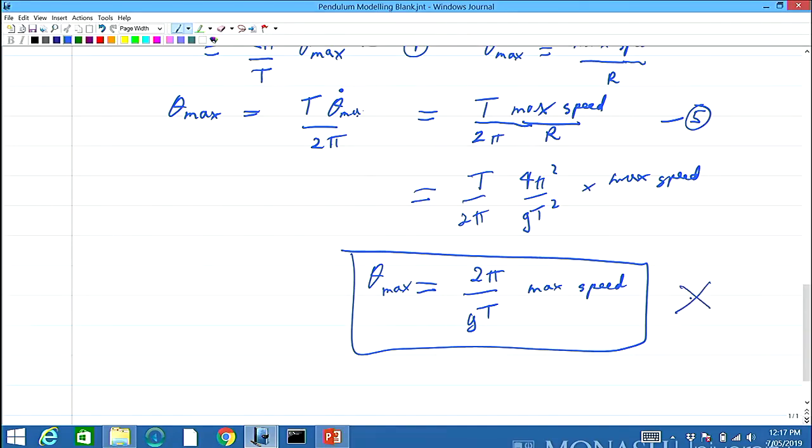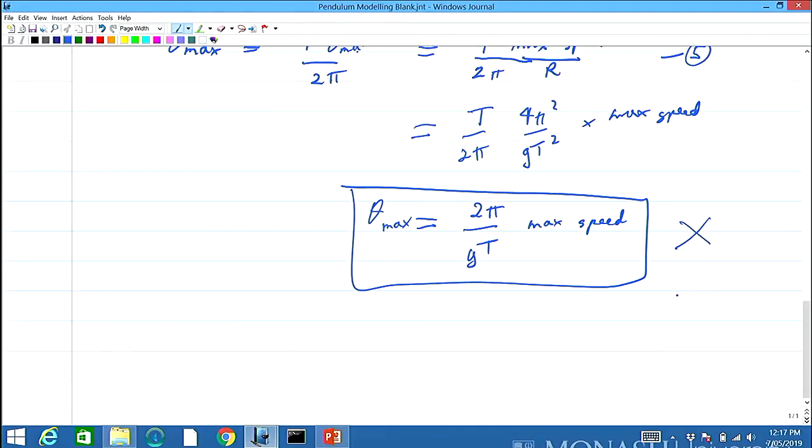All right, has anyone worked out why it's wrong? Or what's the problem with this equation? Can anyone tell me how you measure max speed? This is the critical element here. How would you measure the max speed? It's not a trick question, it's straightforward.